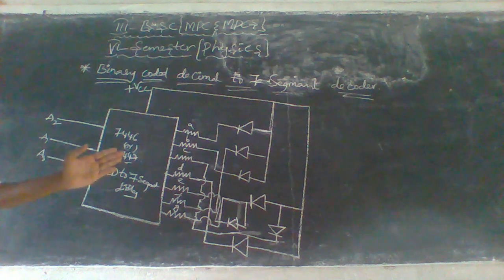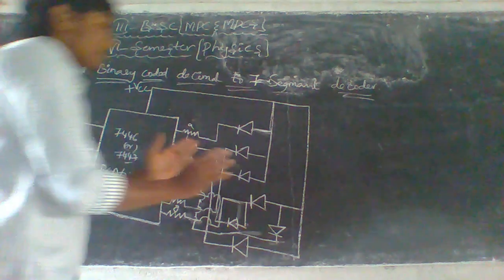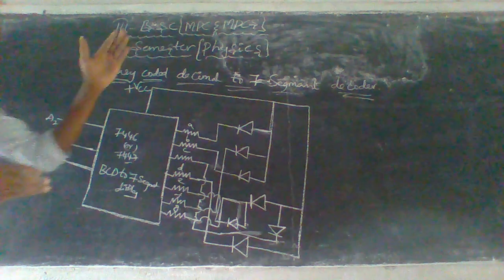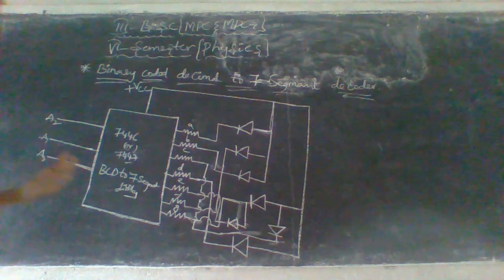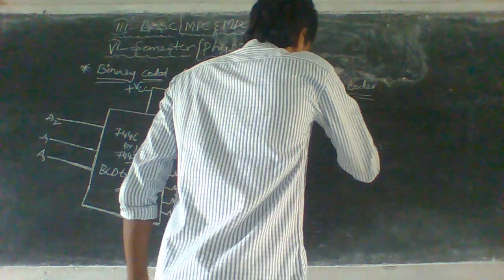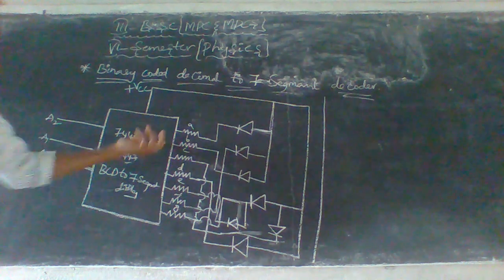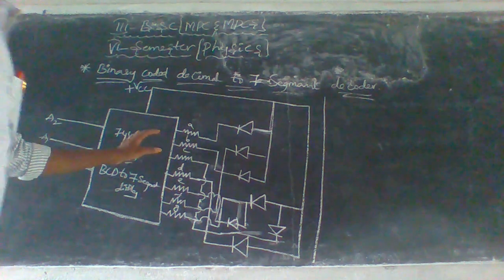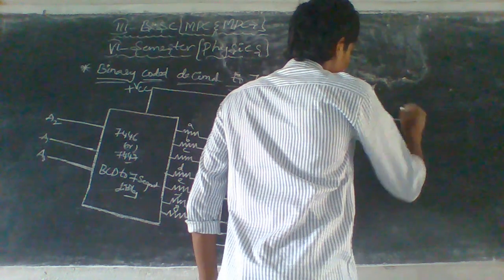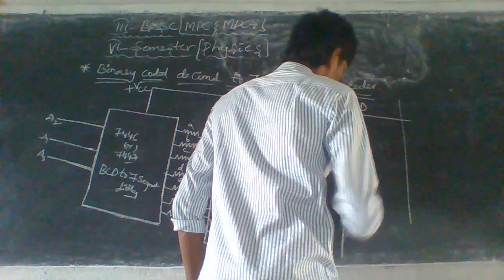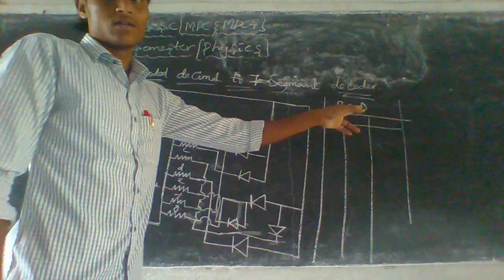BCD to 7 segment display. Okay, so here, and then we will discuss and we can write the truth table for BCD to 7 segment display. Okay. BCD means binary coded decimal.